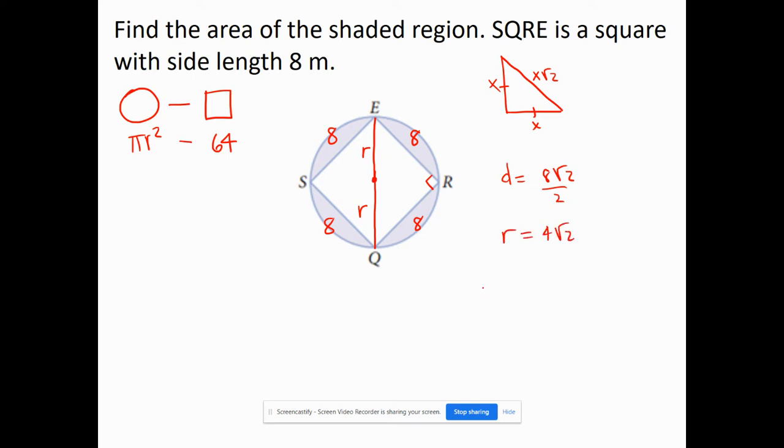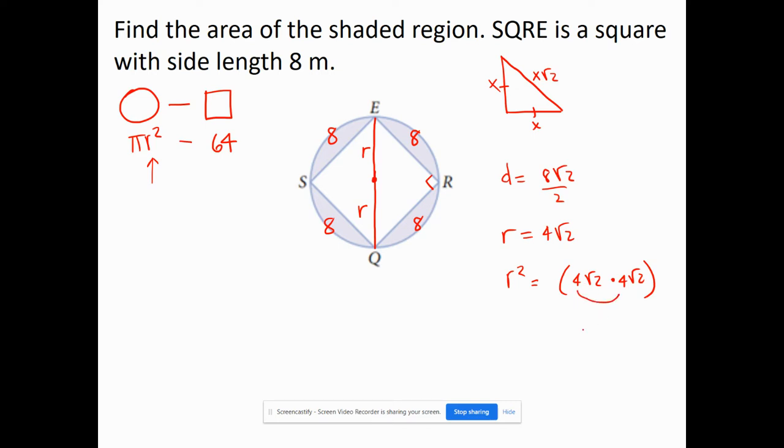Then what are we going to do with this number, 4 root 2? We're going to plug it in for this r, which means we're going to square it, so 4 root 2 times 4 root 2. You don't really have to do this, but you might find it a little bit easier than using your calculator.